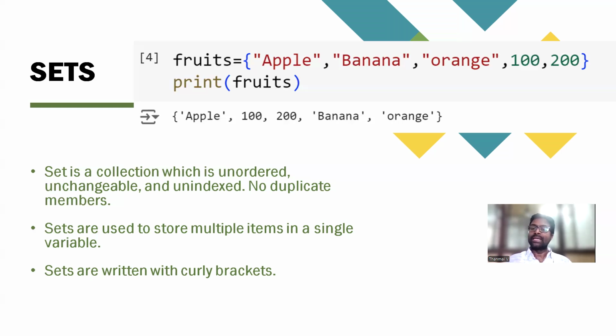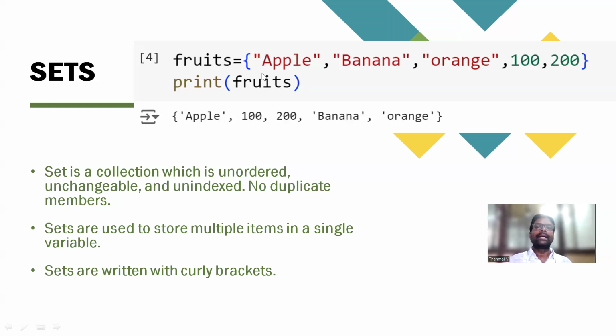It's a combination of different data types, and it will accept any data type. If you observe here, the fruits set contains five elements. Out of the five, banana, apple, and orange are the string data type, and 100 and 200 are of integer type.